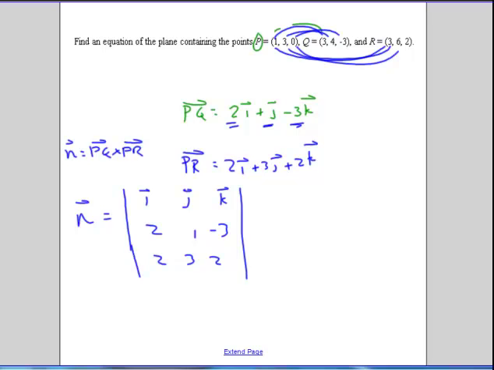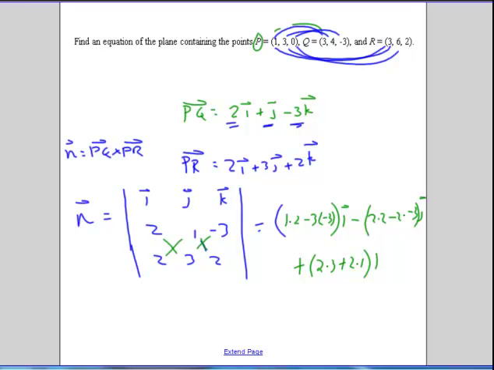For our i value, we're going to get 1 times 2 minus 3 times negative 3, i, minus 2 times 2 minus 2 times negative 3, j, plus 2 times 3 plus 2 times 1, k.